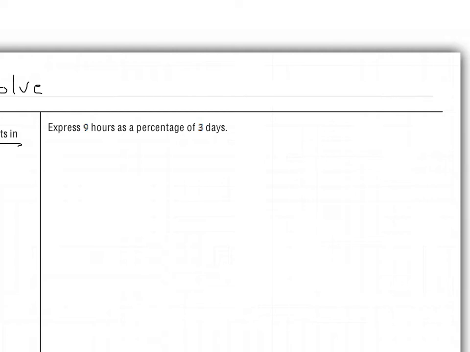So looking at this, it expressed 9 hours as a percent of 3 days. So of the 3 days, that suggests that that's going to be my whole. Quantity is equal to percent times whole. So we're actually solving for the percent here. The whole is 3.